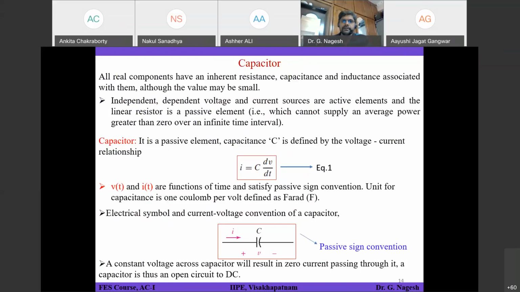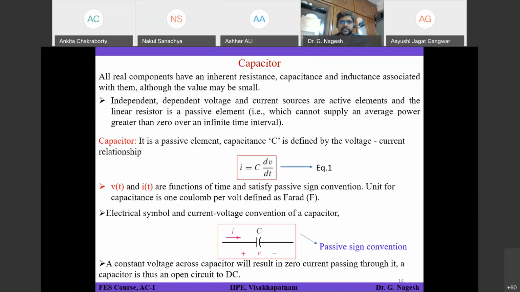Independent and dependent voltage and current sources, which we have already discussed, are called active elements, because they have the ability to deliver power or transfer energy from them to other elements. And a linear resistor, we call it linear because the V-I relationship is linear.